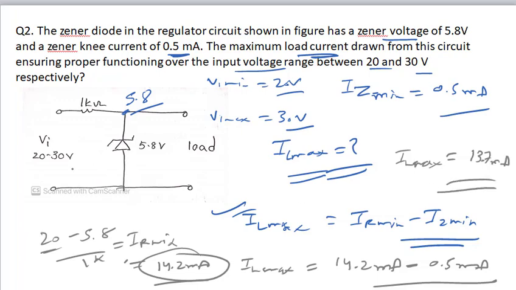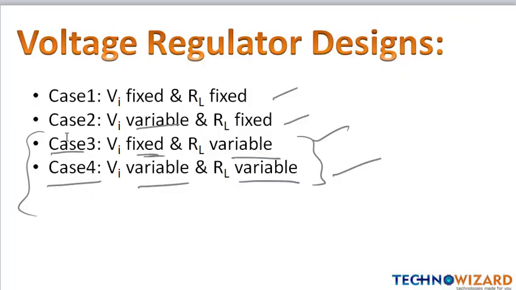These are some questions which are based upon Zener diode as a voltage regulator. You can practice these questions, and please remember these 4 cases that I have already told you. Case 1, when VI is fixed and RL is fixed, when both the input voltage and the resistive load are fixed. Case 2, when input voltage is variable and the resistive load is fixed.